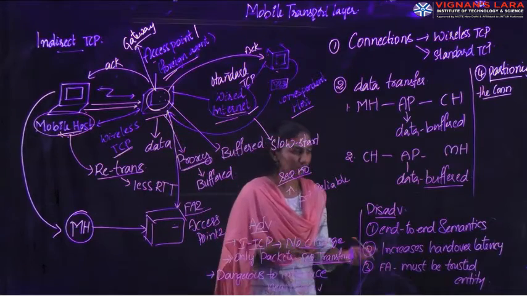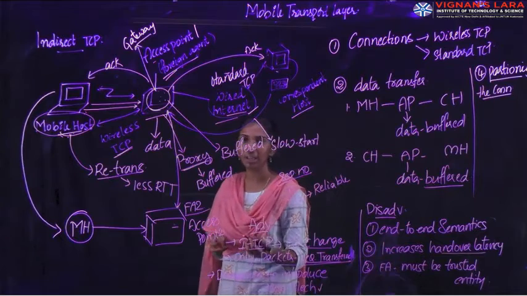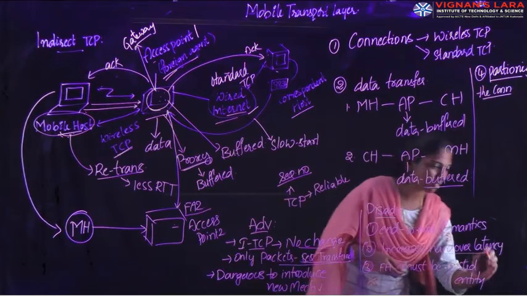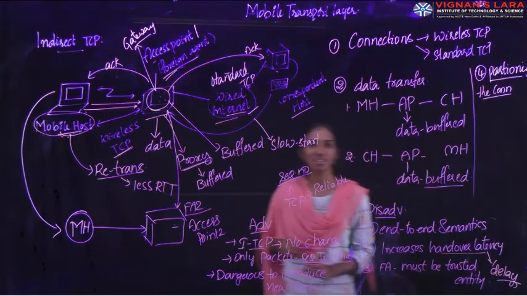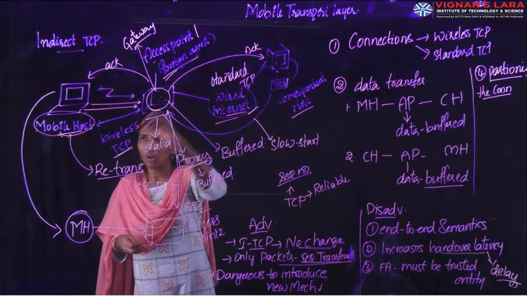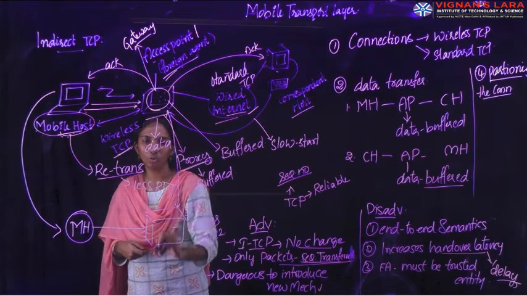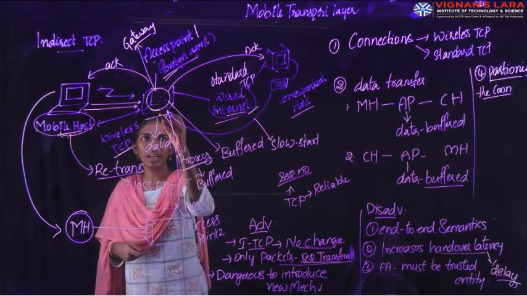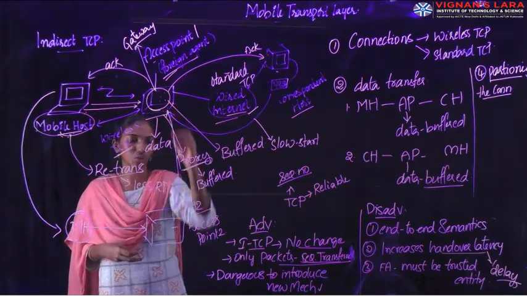The second disadvantage is that it increases handover latency. What is meant by latency? Latency means delay. Why has this increased over the network? If the mobile host moves from foreign agent 1 to foreign agent 2, whatever data has not been transferred here needs to first get transferred to FA2.